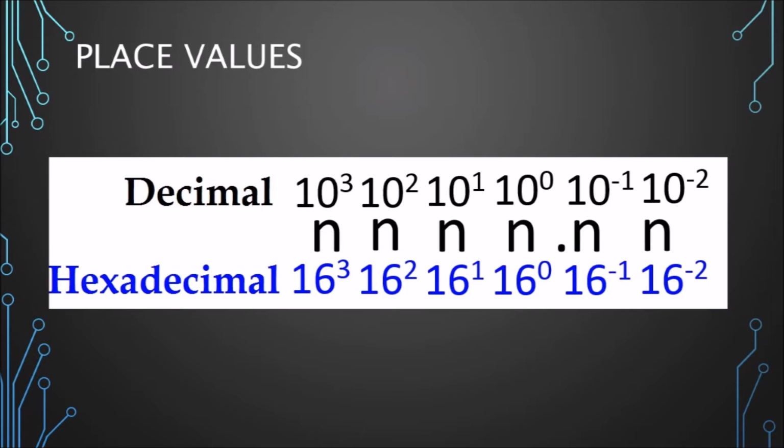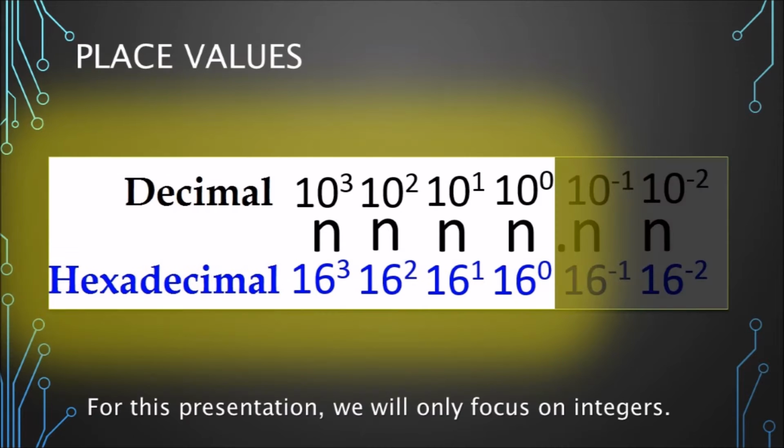Similarly, with hexadecimal, we use base 16. So we start from 16 to the 0 power, 16 to the first power, 16 to the second power, 16 to the third power, and so on. For fractional numbers, negative base powers are used. As mentioned before, we will concentrate only on integers.